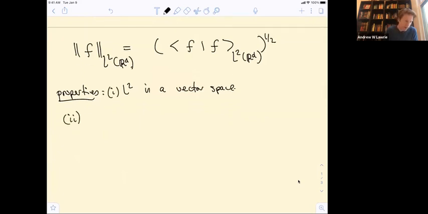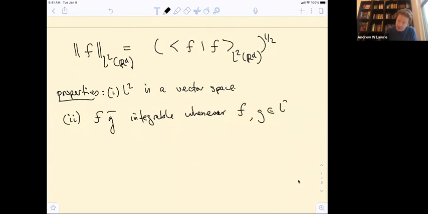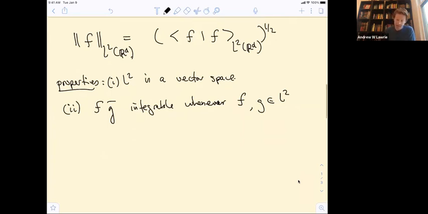Two, f times g bar is integrable whenever f and g are in L2. So if you have two functions in L2, then you can take their inner product. Why is this true? This is just the Cauchy-Schwarz inequality.